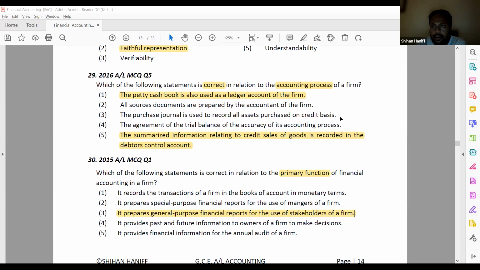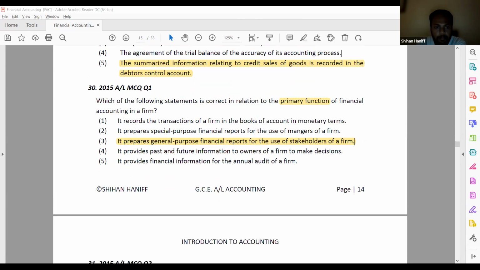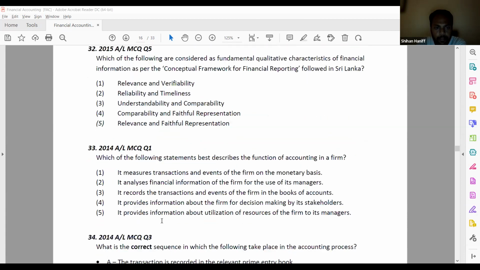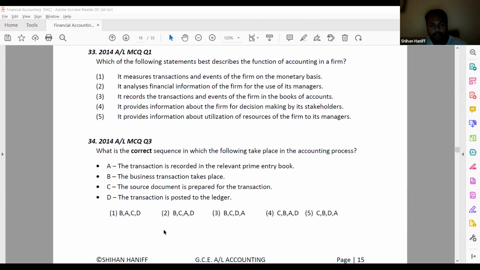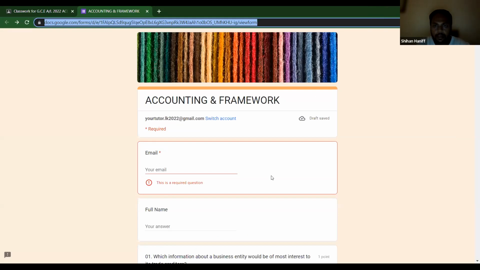Okay, right. So I want you all to do the complete MCQ, which you can find here.